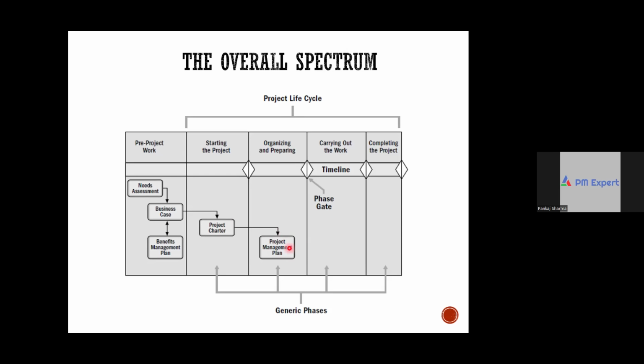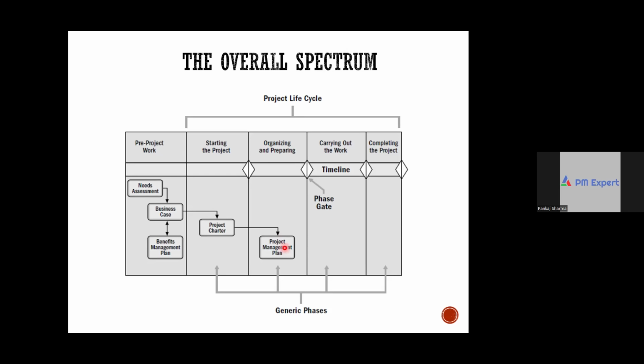Now, the project management plan will contain many important pieces of information related to the project. For example, it will contain all the important baselines or targets like schedule, cost, and quality or performance targets, scope, schedule, cost, and quality targets.